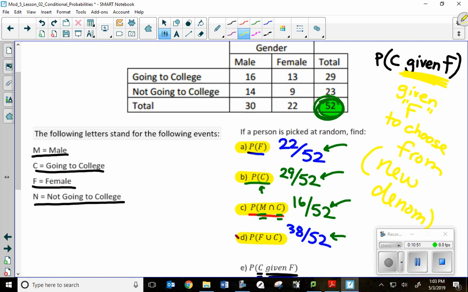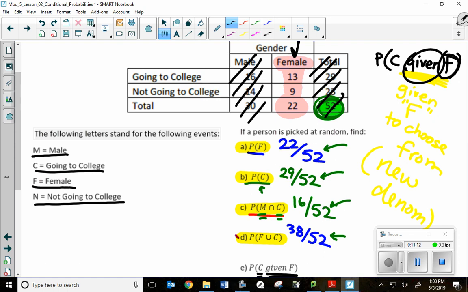So right now, where are my females? Let's go pink for females here. Right here. These are all the females. There are a total of 22 females. So right at this very moment, I don't care about anything else because I am only given females. This is what I'm given to choose out of. There are 22 females to pick from.